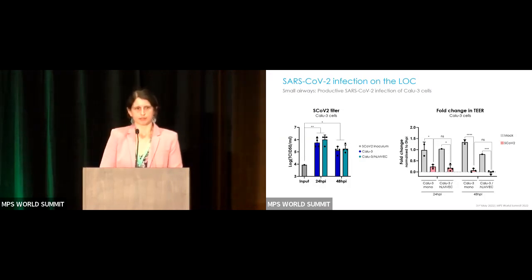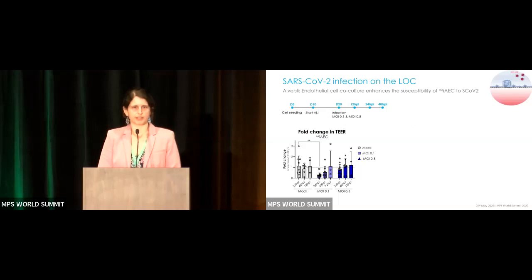We also tried to translate this protocol to our alveolar model. As you can see here, first checking our immortalized alveolar epithelial cells in monoculture, we found that at low SARS-CoV-2 titers, we have a little reduction of the TEER, but it is not very high.